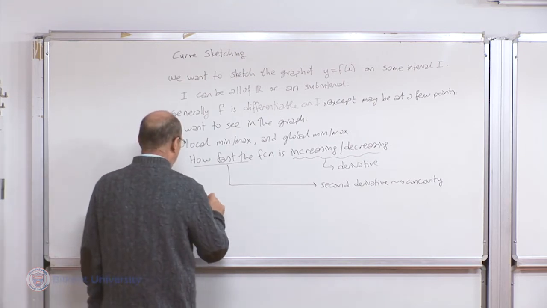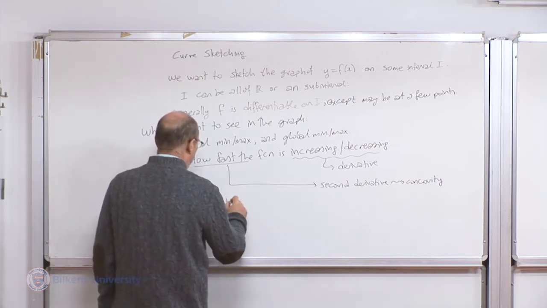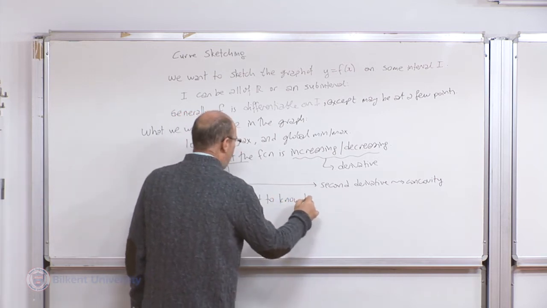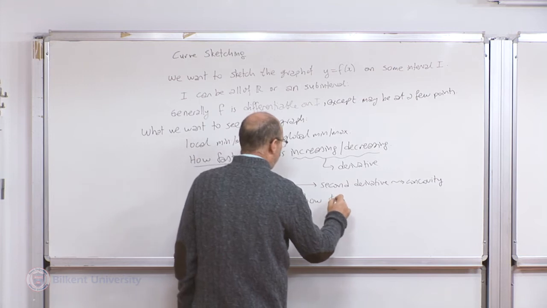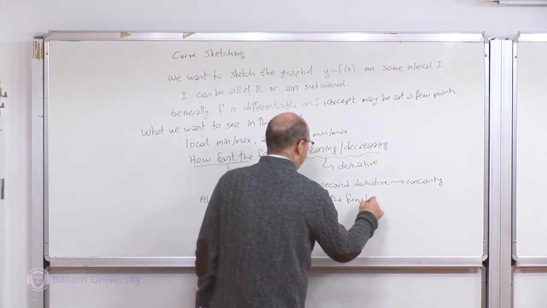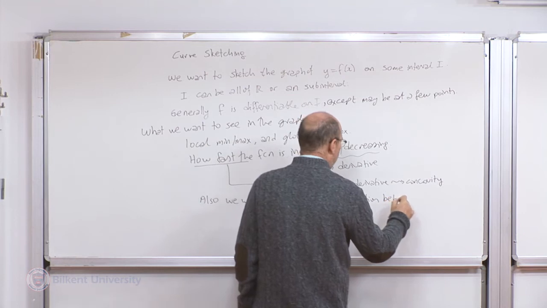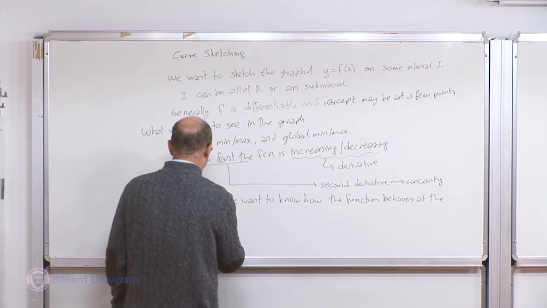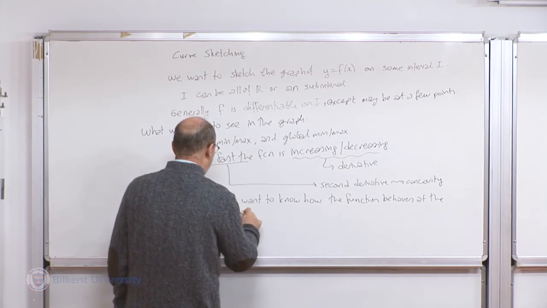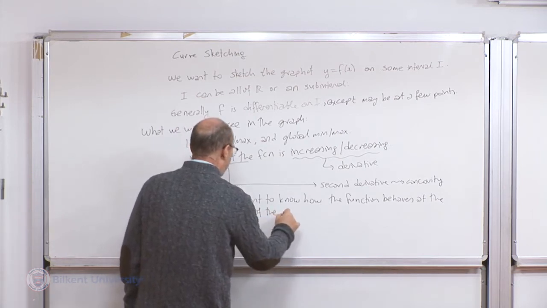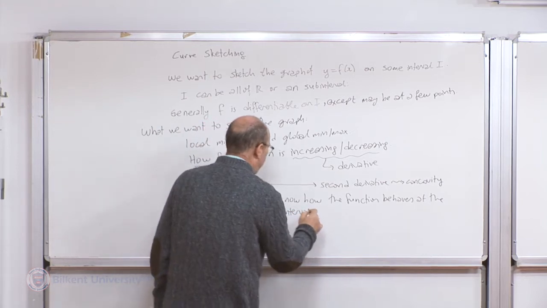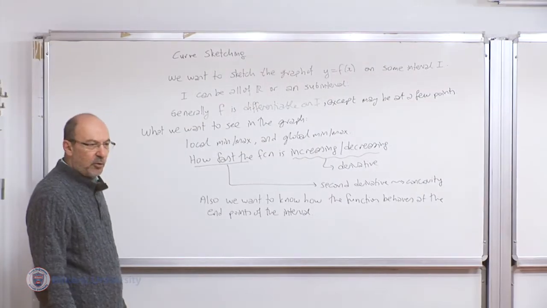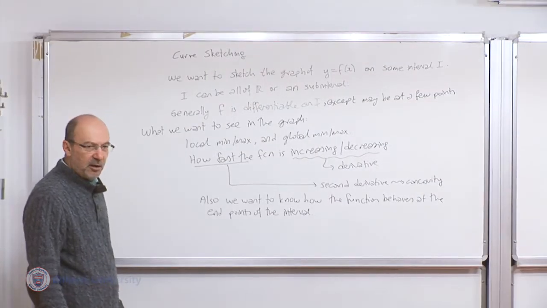So also we want to know how the function behaves at the endpoints of the interval. Sometimes it's easy to decide because you just evaluate the function at the endpoint.